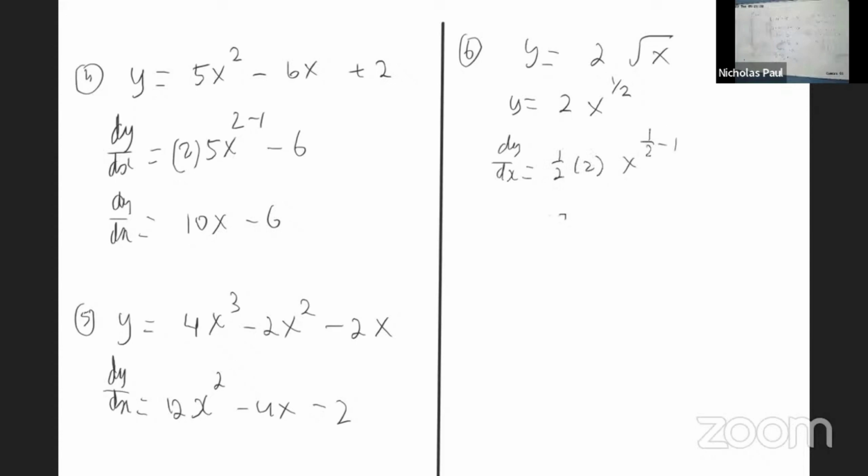So you'll get a half by 2 is 1. So you'll get 1x to the negative a half. But I don't want the answer like that. I want back the square root. Negative means what? 1 over x to the half, which is 1 over the square root of x.